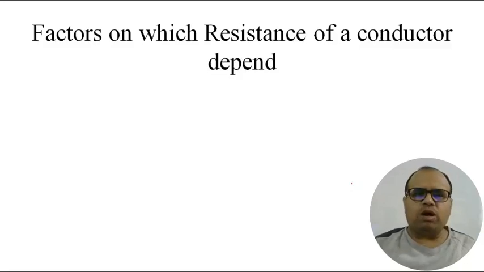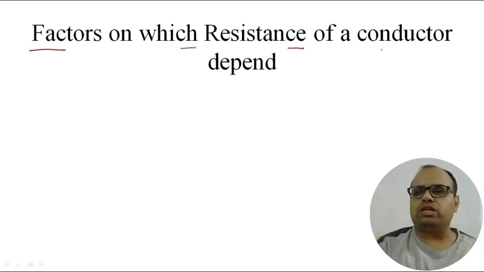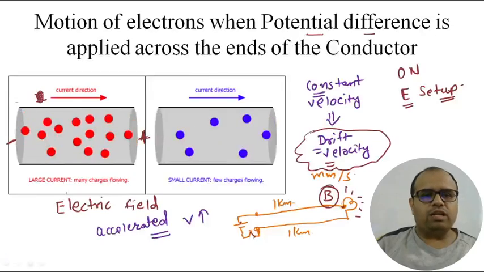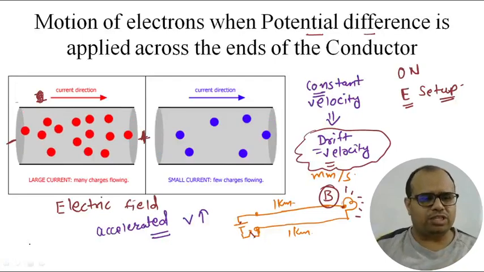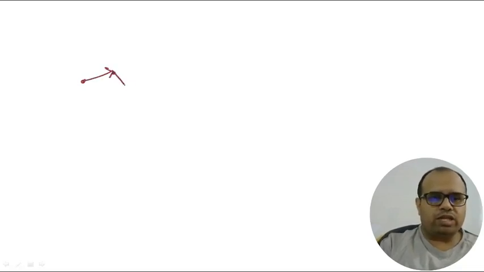Now let us talk about one more very important topic, which is the factors on which the resistance of a conductor depends. Now you see, in this motion of the electrons, do remember that though they got the directional motion, during their motion the electrons will collide with each other.